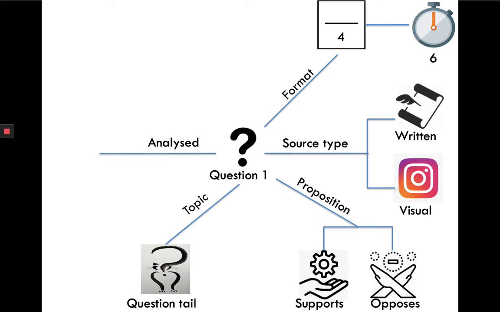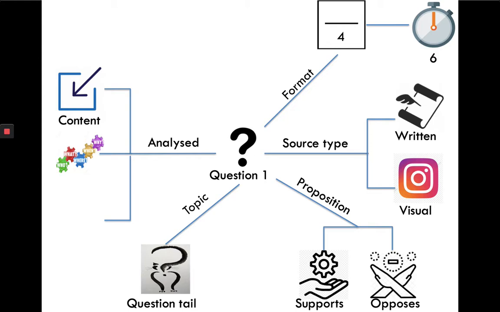Now, what are you analysing? Because it's a source, 3 things, really. And I'll talk about how much of each you have to do in a bit. Firstly, the content of the source, so what's inside the source.